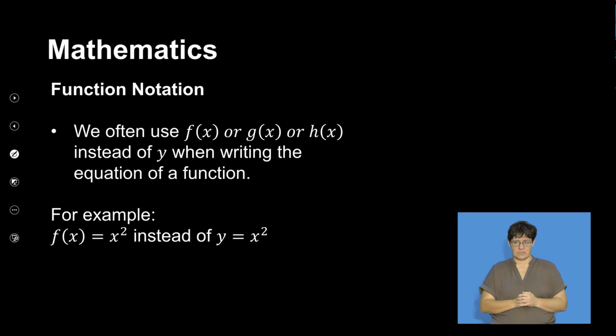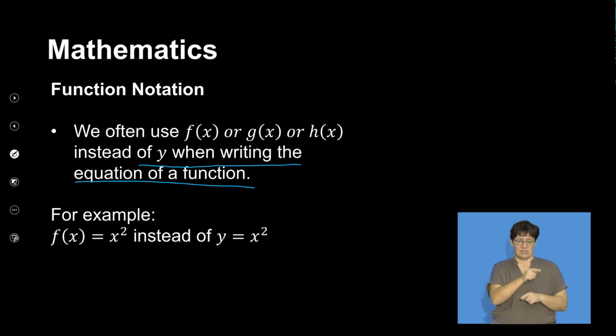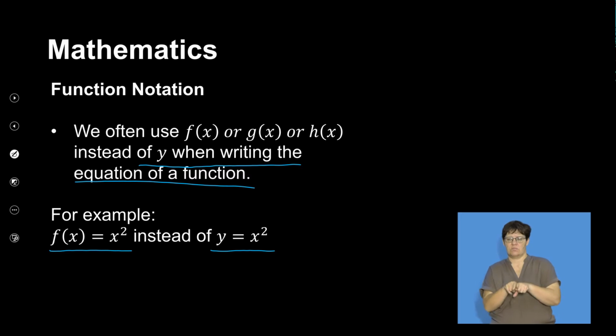Remember that when we talk about function notation, it's normally what we use in order to represent an equation of a function instead of using y when writing the equation of a function, right? So for example, I would then say f of x is equal to x squared instead of saying y is equal to x squared.